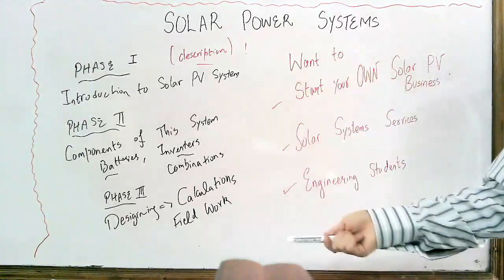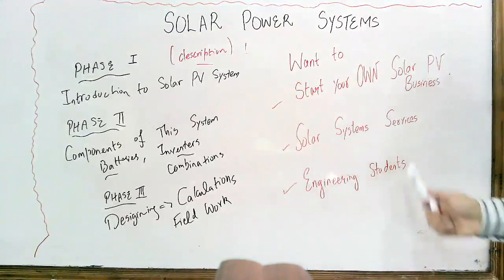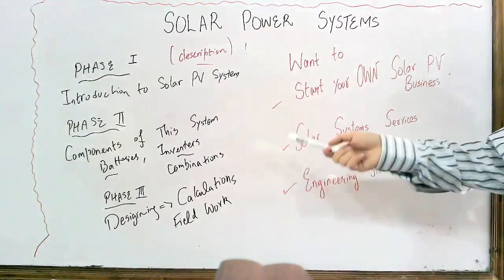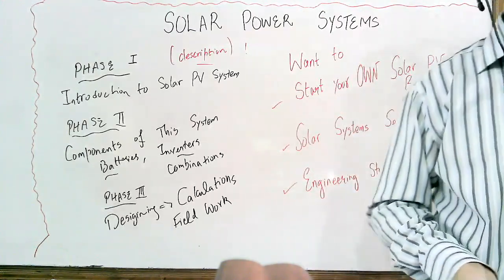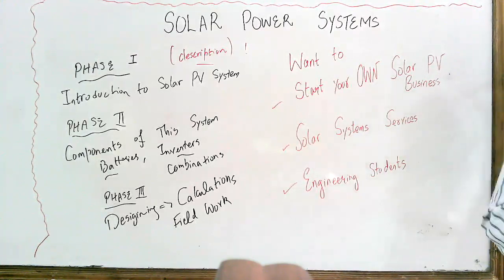If you are an engineering student willing to understand the basics of solar power systems, or you are working with a company, or you want to start your own business, or you want to provide your services on the freelance marketplace.